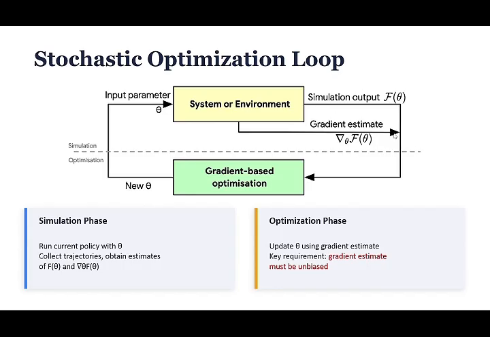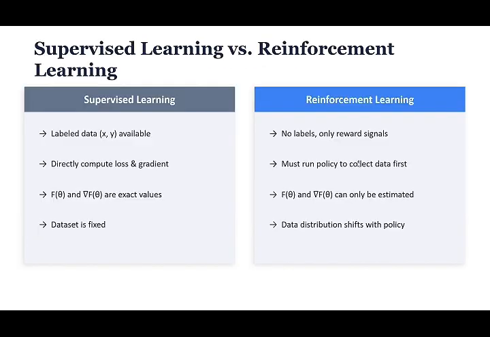Based on these two parts, we get the gradient-based optimization. We use this new theta, which goes back to the loop to move on: run the current policy with theta, collect trajectories, and obtain estimators of f(theta) and del f(theta). The key thing is the gradient estimate must be unbiased, or we will have biased results from the whole loop.